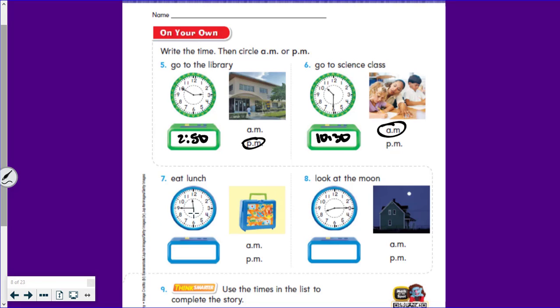This clock, it says eat lunch, so it's 11:45. And that's going to be PM. Or no, take that back, AM. Look at the moon. Okay, so let's see. 8:15. And that's going to be PM. All right.